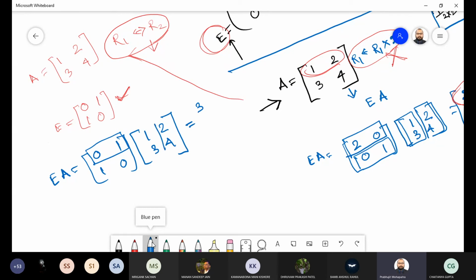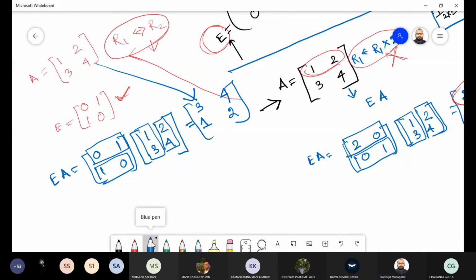Then with the second column, 0 into 2 is 0, 1 into 4 is 4. Then second row, first column: 1 into 1 is 1, 0 into 3 is 0. Then 1 into 2 is 2, 0 into 4 is 0. So your rows are interchanged, you observe here.